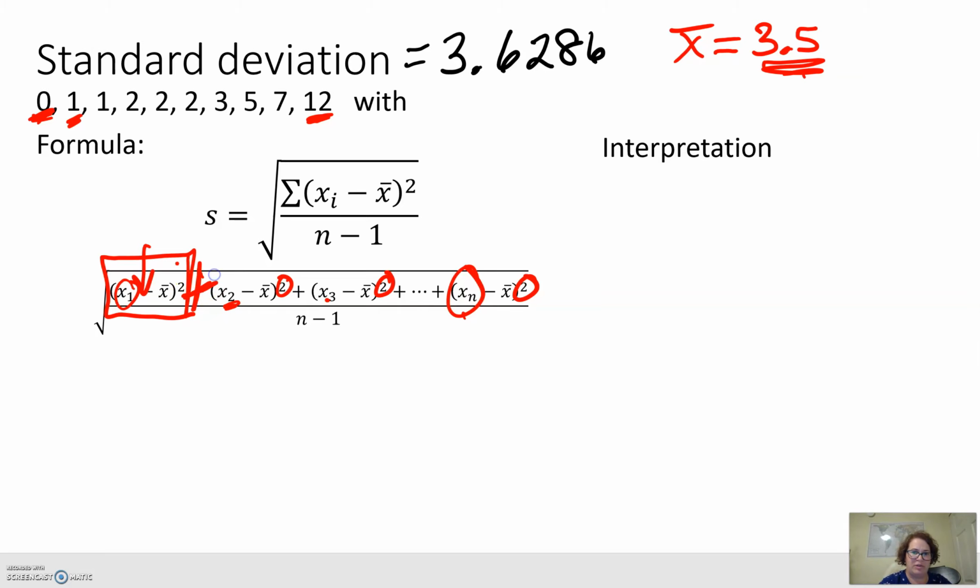So oh my gosh, this formula is looking so crazy. But it says, all right, compare the household to the average, add them all up, and then divide by, it says, about how many there are, right? And n-1, that's not quite how many there are, but where else have we seen add them up and divide by how many there are?